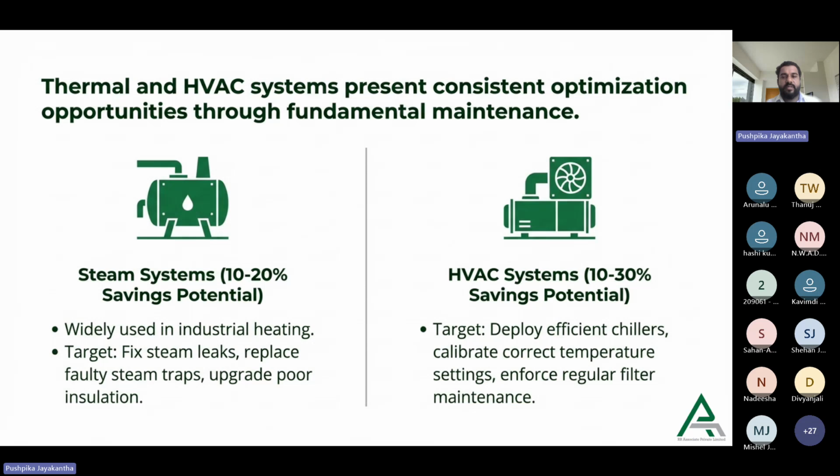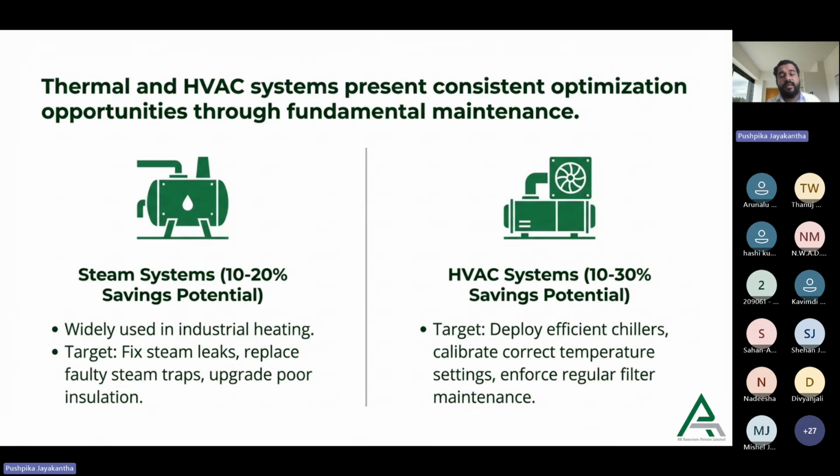And then the steam system, widely used in industrial heating applications. Energy losses can happen due to steam leaks, faulty steam traps, poor insulation, and implementing proper steam system maintenance can reduce energy losses by 10 to 20%.